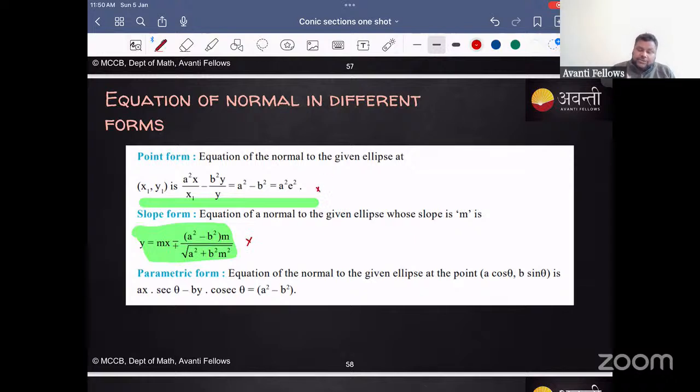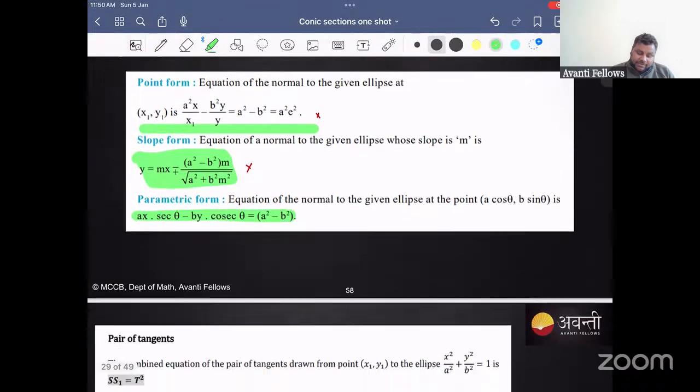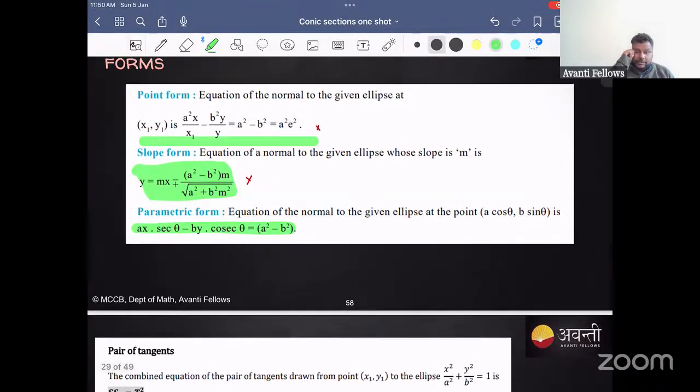Yes, but equation of normal in parametric form is quite an important point, so you should remember it. This is ax sec theta minus by cosec theta is a square minus b square. Got it? So equation of normal in parametric form is ax sec theta minus by cosec theta is a square minus b square.